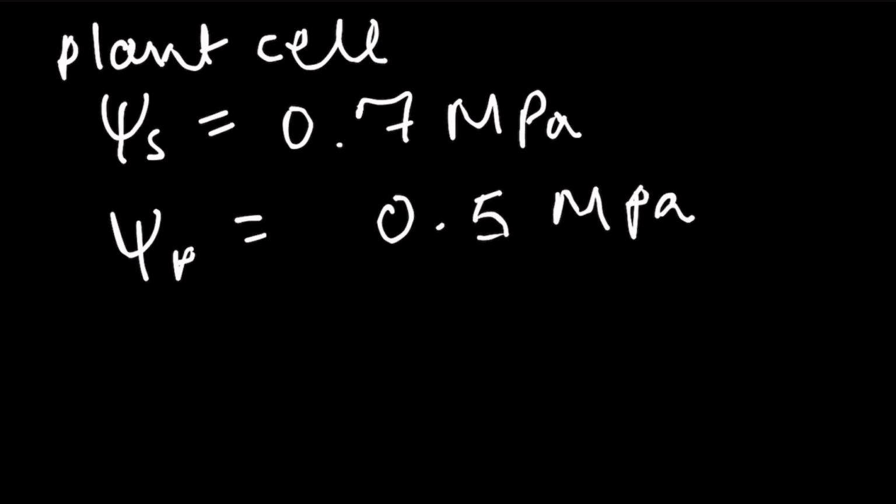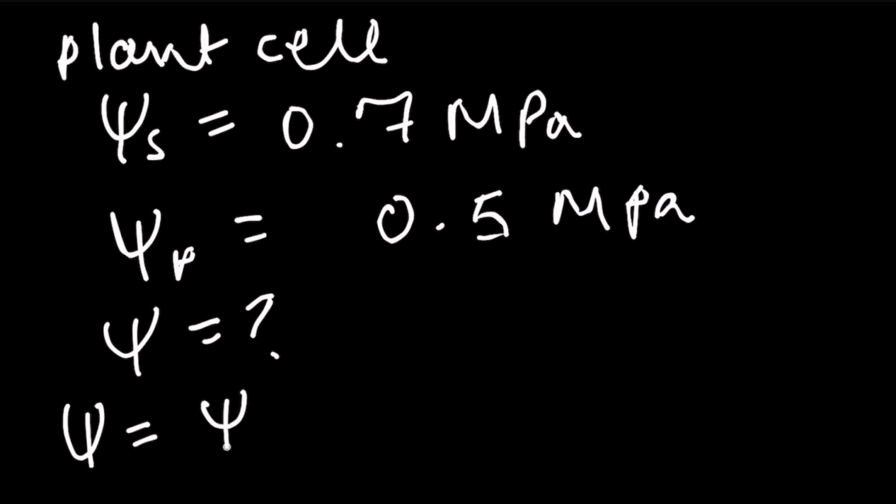So what is the total water potential? Now, I hope you remember the formula, which was really easy. The water potential is equal to the solute potential plus the pressure potential. So we will just substitute the numbers here. So the solute potential is 0.7.